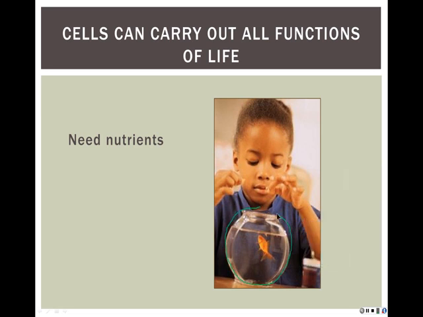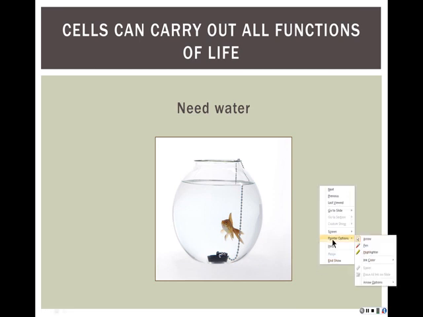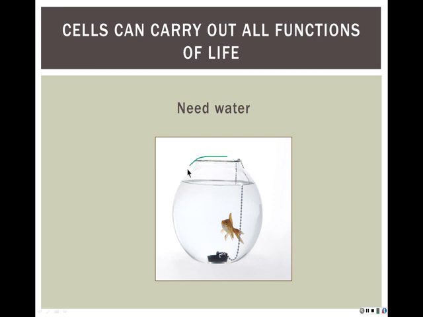Now there are a couple nutrients that are so vital that we're going to give them a little special airtime on their own, one of which being water. Now, inside and outside the cell, the body has a lot of water. How much of the body is actually water, and why is it so important?